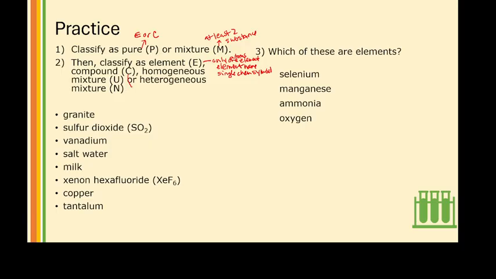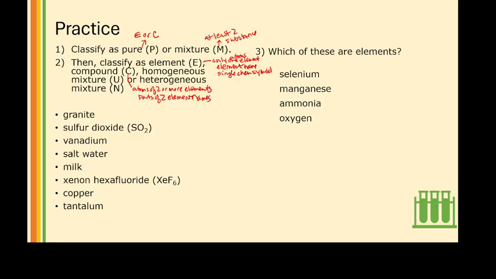For a compound, I know that it has atoms of two or more elements. I know that it will have parts of two element names. Again, in future chapters, we're going to properly learn how we actually name compounds.